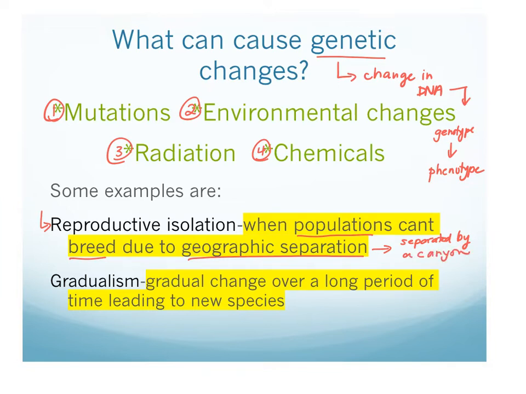Gradualism is the gradual change over a long period of time that eventually leads to a new species. And things like mutations and environmental changes can all contribute to gradualism.